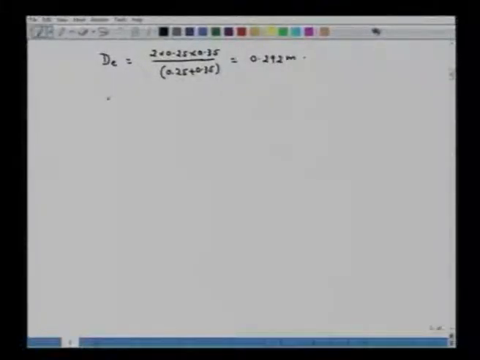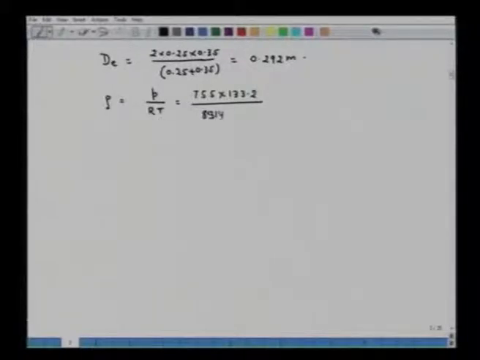So, we can calculate rho, that is equal to P upon RT, and P is given to us, that is 755 millimeter of mercury into 133.2, that becomes Newton per meter square, the gas constant 8314 divided by 29, and temperature is 298. 29 is the molecular weight of air, and it comes to 1.18 kilogram per meter cube, that is the density.